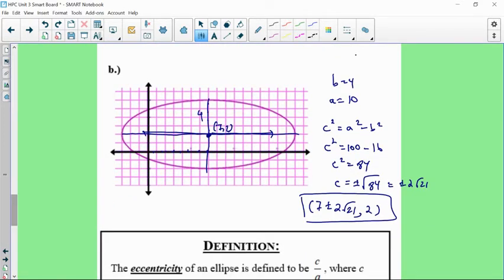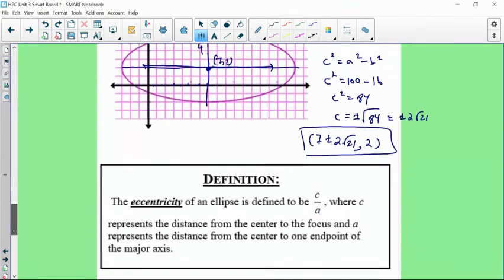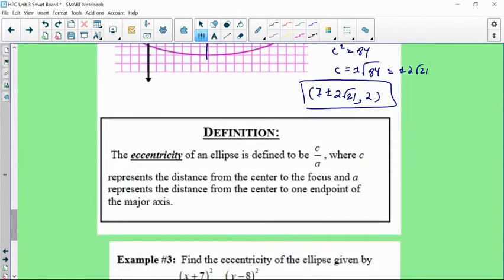Okay, now there's a word that describes the stretchiness, for lack of a better word, of an ellipse. It's called eccentricity. And the more stretchy, or the more it deviates from a circle, the more eccentric it is. And so we're going to define a ratio to be c to a.